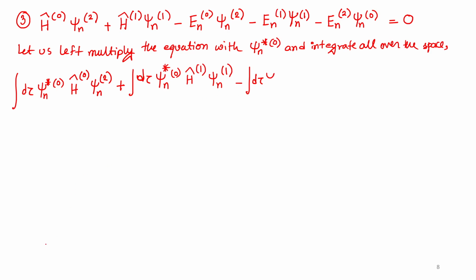Acha, I can write the En outside like this. So basically En zeroth, now d tau psi n zeroth. Similarly, I will write down the wave function outside.